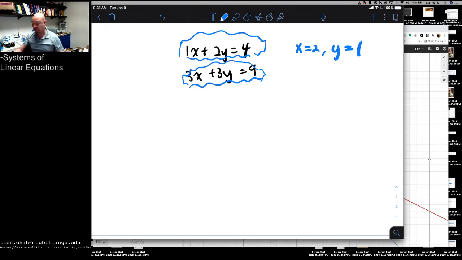The solutions to the first equation form a line, solutions to the second form a line, and when we put them together, there's only one point that lies on both. And to check this, we can see, all right, 1 times 2 plus 2 times 1 is 2 plus 2, which is in fact 4.